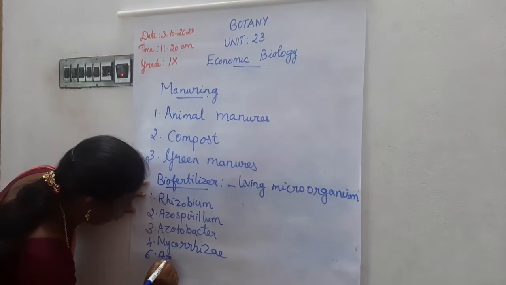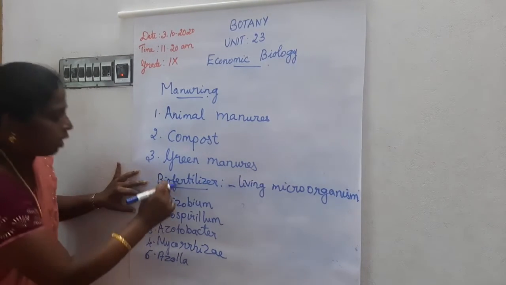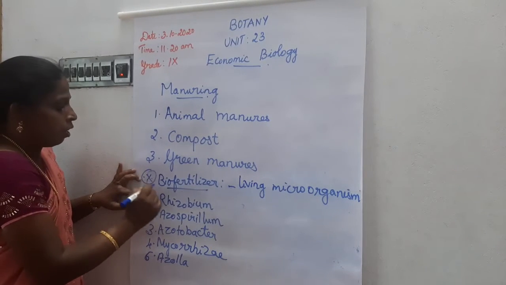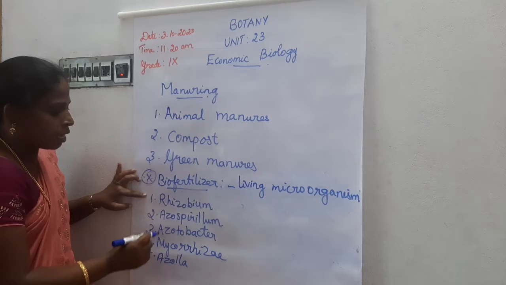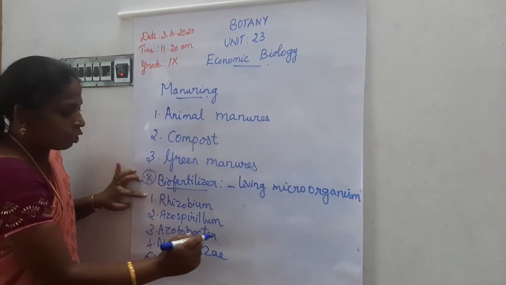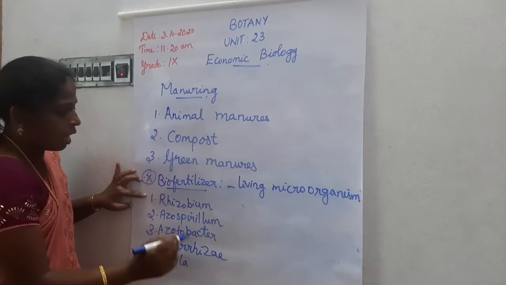Fifth one is azolla. The different types of biofertilizers are a very important question. They are rhizobium, azospirillum, acetobacter, mycorrhizae, azolla.